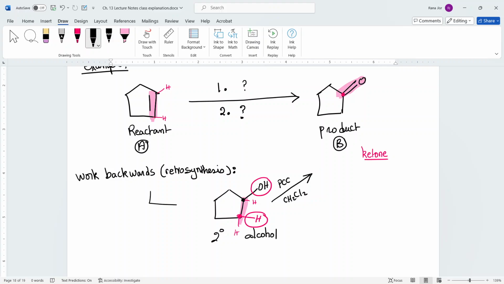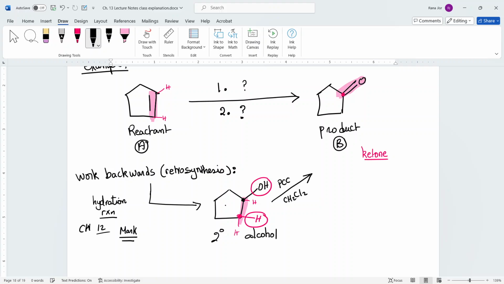So I can go from the alkene into the secondary alcohol by simply doing a hydration reaction. Please review this reaction. This is in chapter 12. Please review that. And this is going to be a Markovnikov.